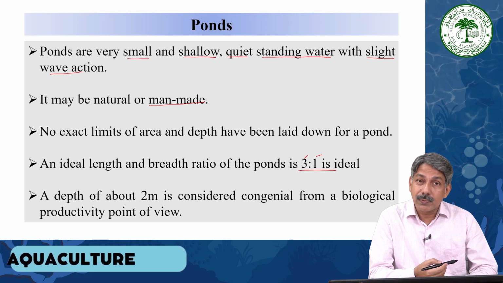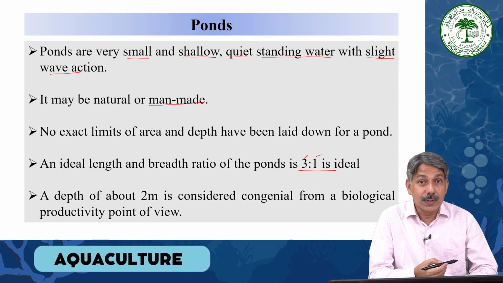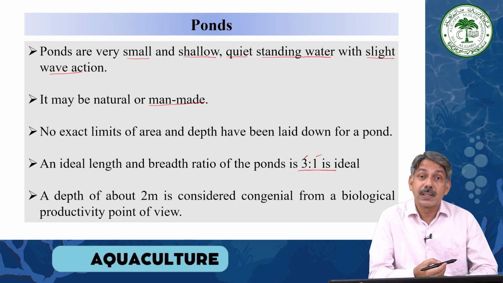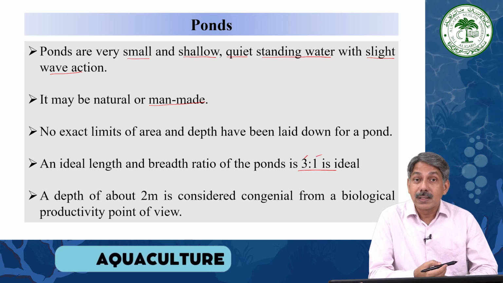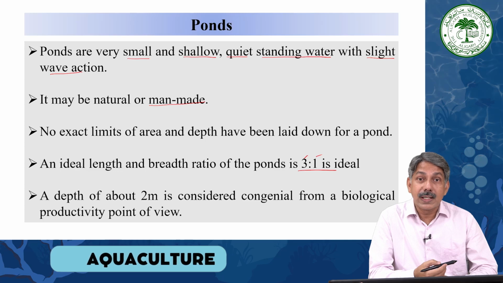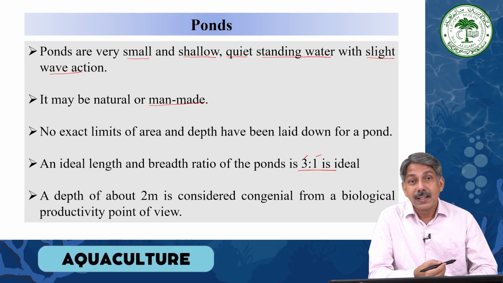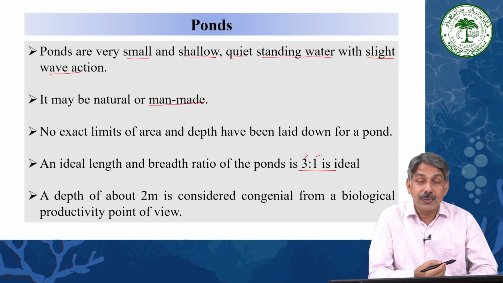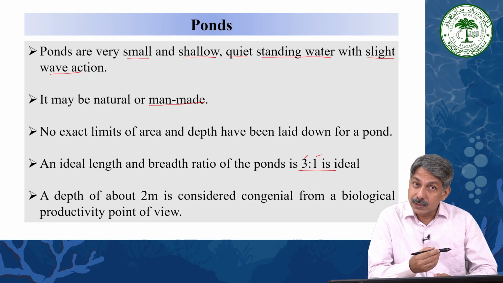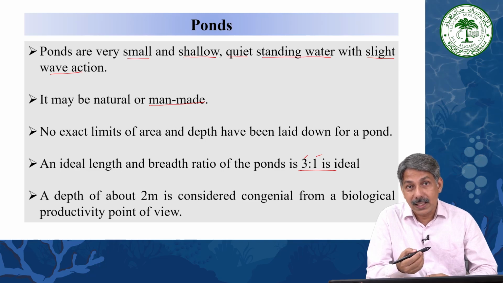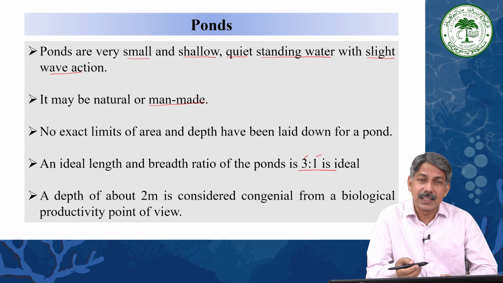And also, if you are going for Indian major carp culture with supplementary feeding, that means semi-intensive aquaculture, that means you also depend on natural food productivity. So if natural food productivity has to be there, then it needs sufficient sunlight for primary productivity, for phytoplankton productivity. So if the pond is in the direction of east and west, and it is rectangular, then of course it will receive more sunlight than otherwise.